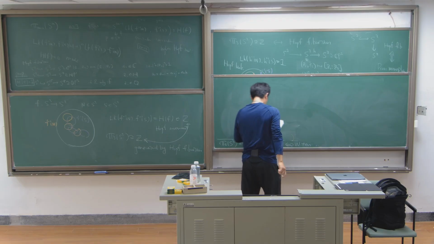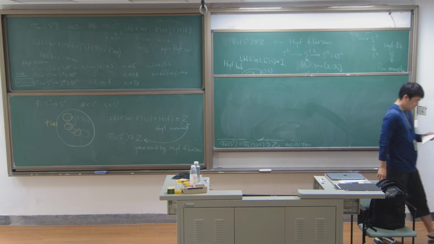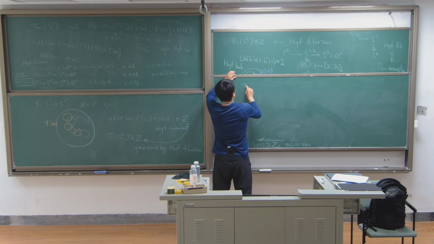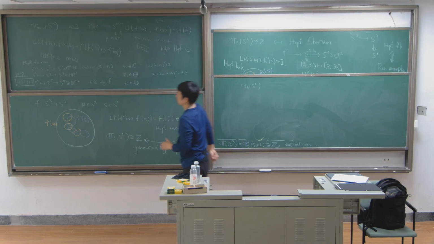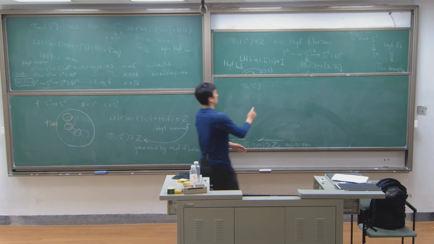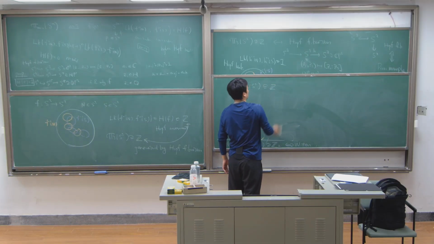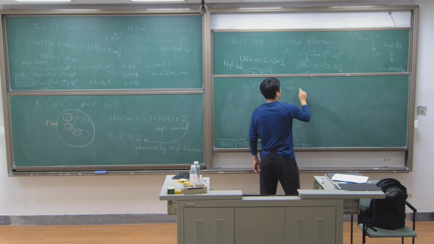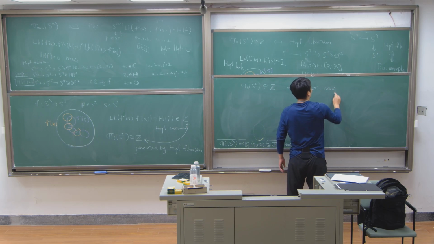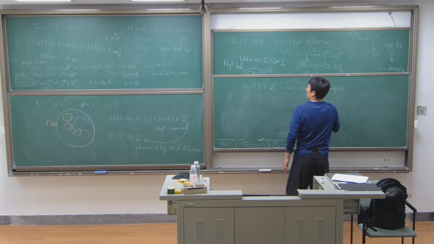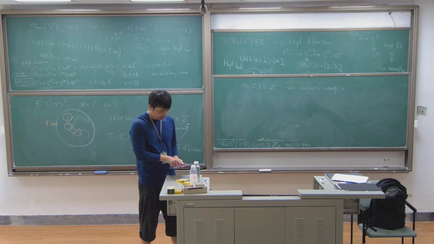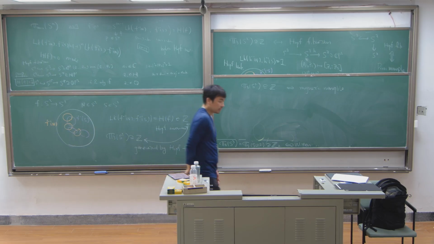And as I mentioned, another instance is pi 3 of S2, generated by the Hopf fibration, Z, and this is related to the magnetic monopole. So that's another instance of how homotopy groups are related to physics.